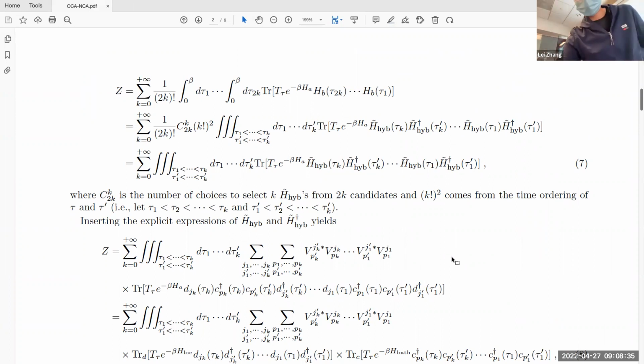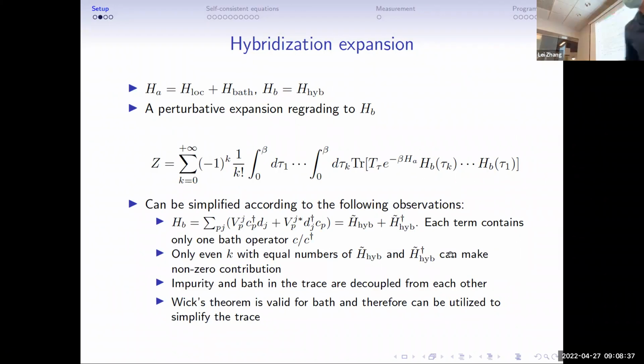So here I will just briefly introduce how to do that. This expression can be simplified according to the following observation. First, the coupling Hamiltonian has two parts, H tilde hat and H tilde hat dagger, and each term only contains one bath operator C or C dagger.